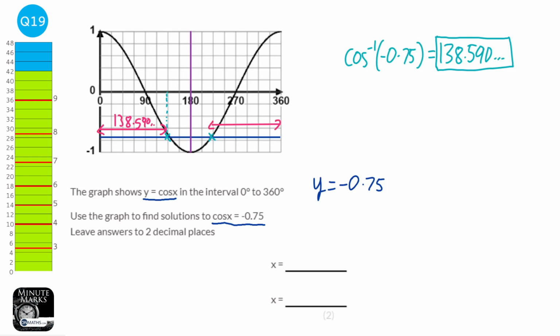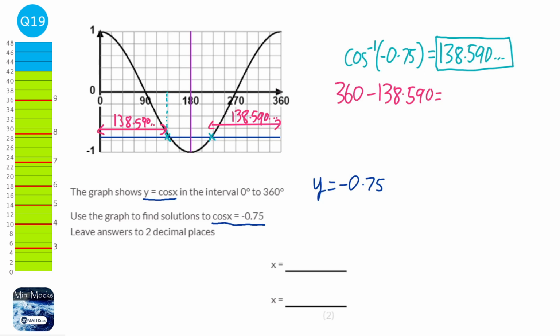That must also be 138.590 and so on. So to work out what this coordinate is, all we need to do is 360 take away the 138.590. So 360, which is here, take away this bit here that we know, and that will tell us what this coordinate here is.